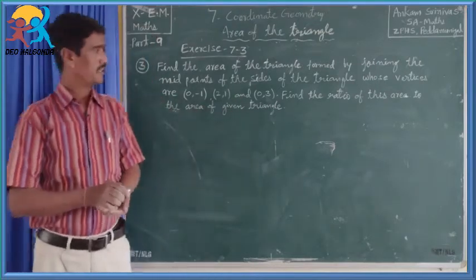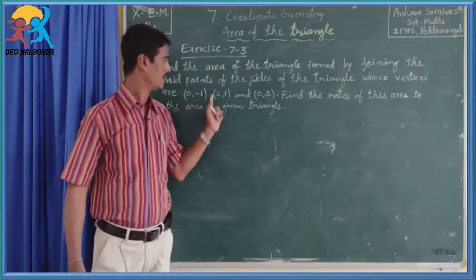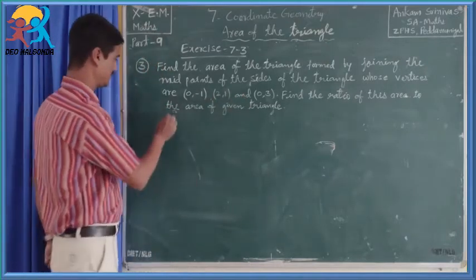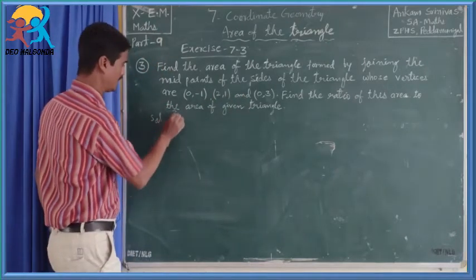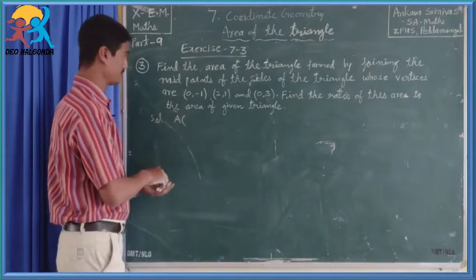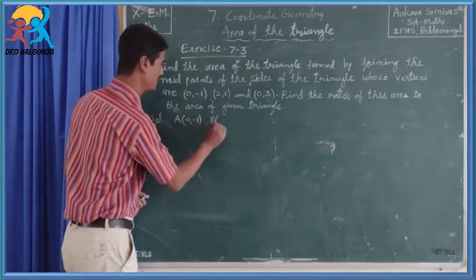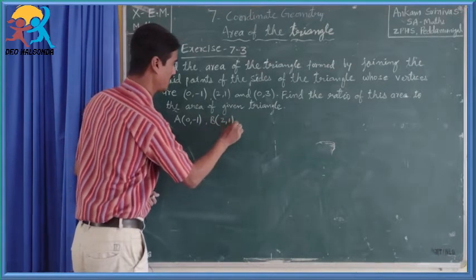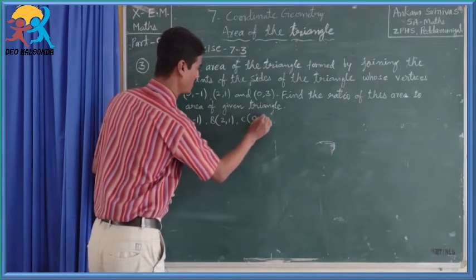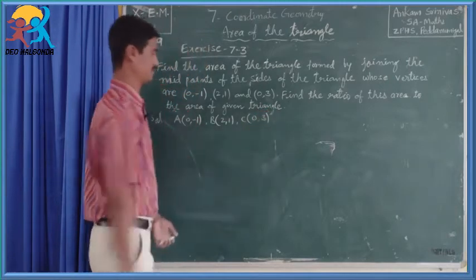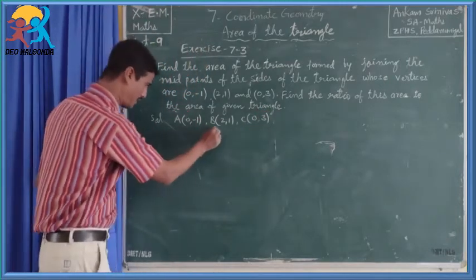So first you take the given points. Let A (0, -1), B (2, 1) and C (0, 3), and draw a triangle.